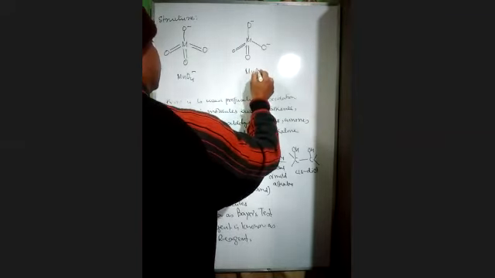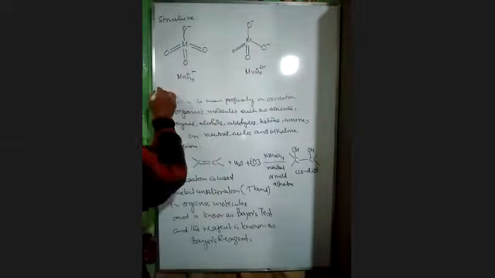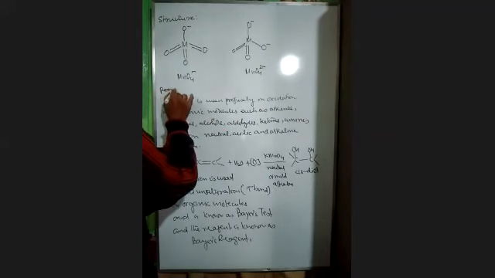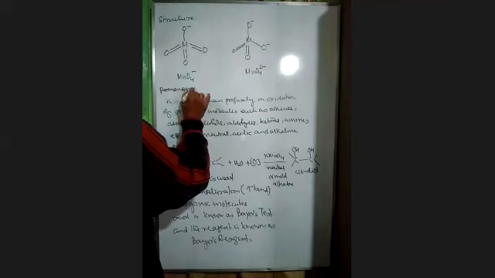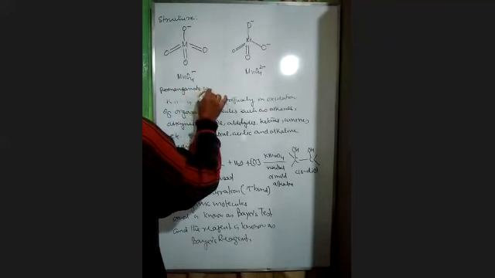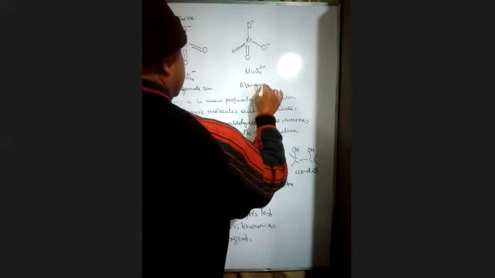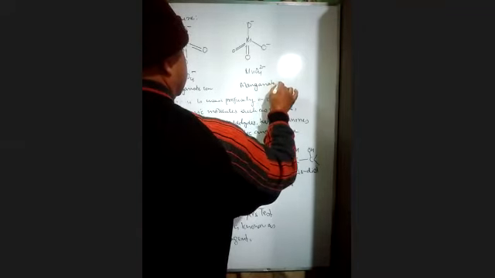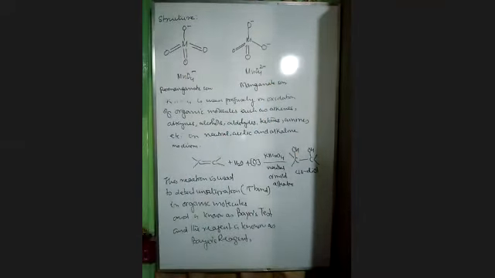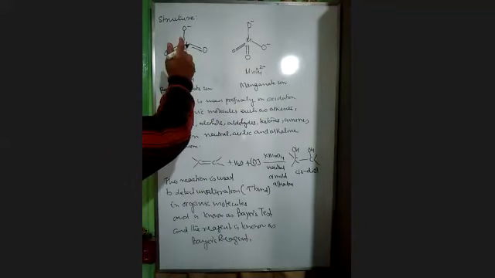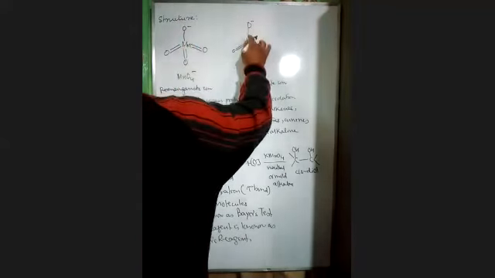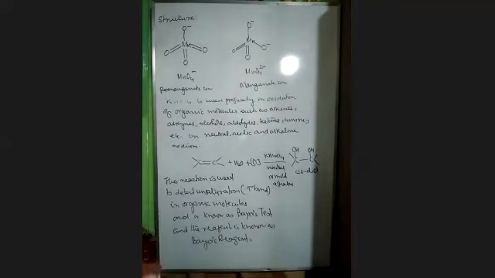This is permanganate ion, and this is manganese. See here, the double bond that you are having here, the p orbitals of oxygen form double bond with d orbitals of manganese. So it is p pi d pi bonds.